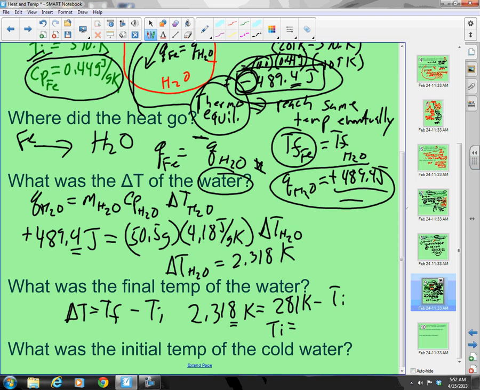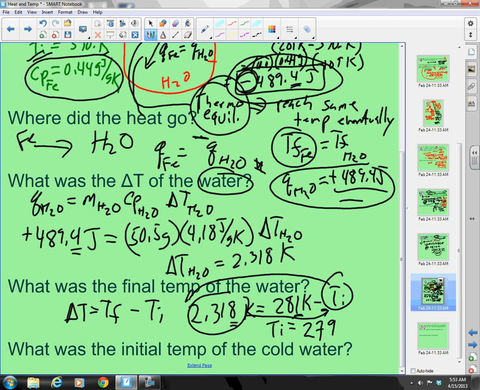I'm going to take, this has to go over on this side, and this has to come over on this side, and that means I'm going to subtract that number from 281, and I get 278.6, but I can only be significant here to the units, so 279.